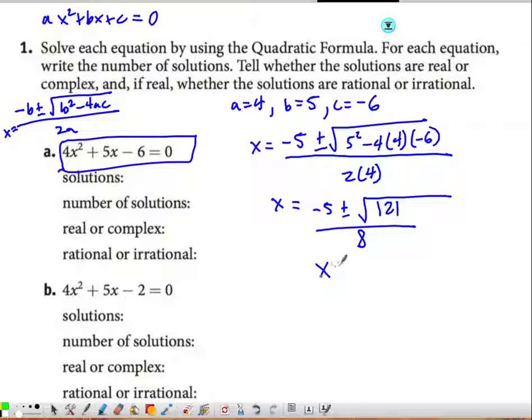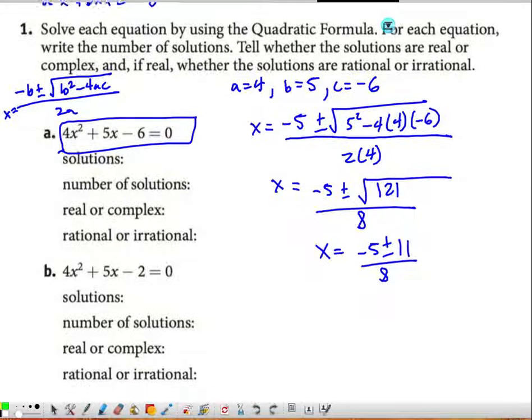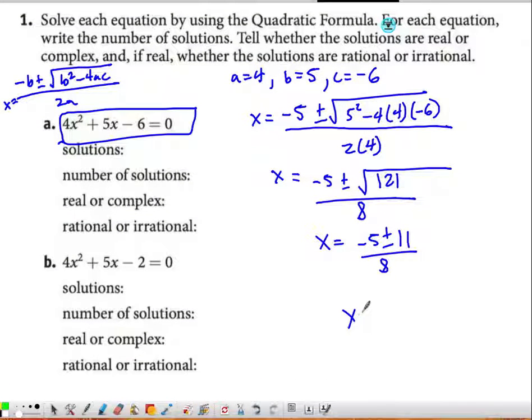By the way, what is the square root of 121? It's 11. So -5 plus or minus 11 over 8. Plus or minus simply means we're going to have two different answers. So x is equal to -5 plus 11 over 8, or x is equal to -5 minus 11 over 8. -5 plus 11 is going to be 6. 6 over 8.